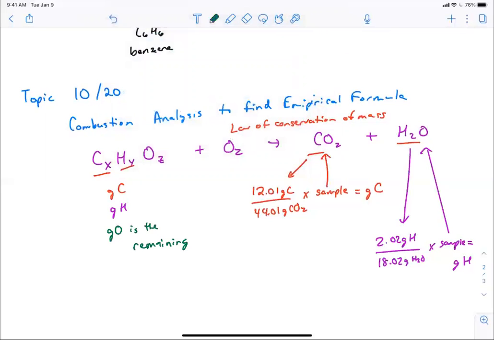And oxygen, grams of oxygen, is the remaining. So whatever they tell you the amount of substance you started with is, you subtract the carbon, you subtract the hydrogen, and then you get oxygen. That's what's left.